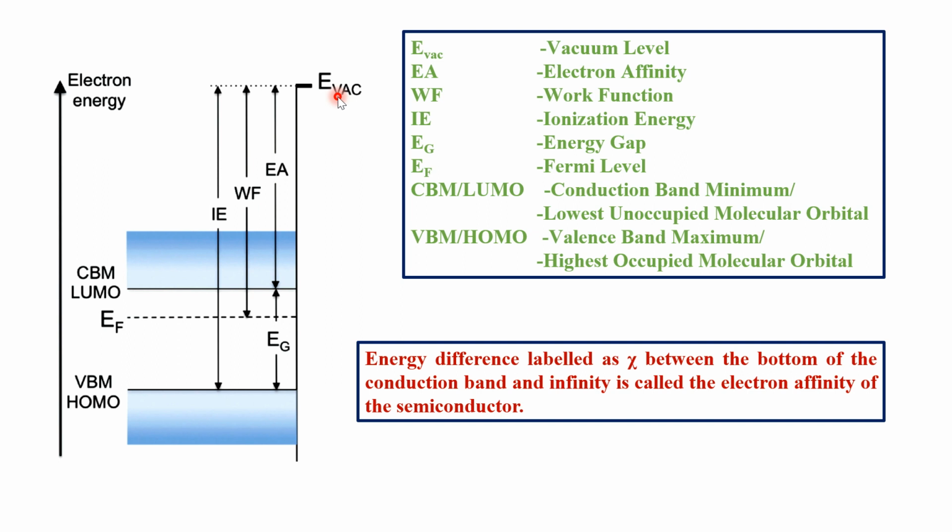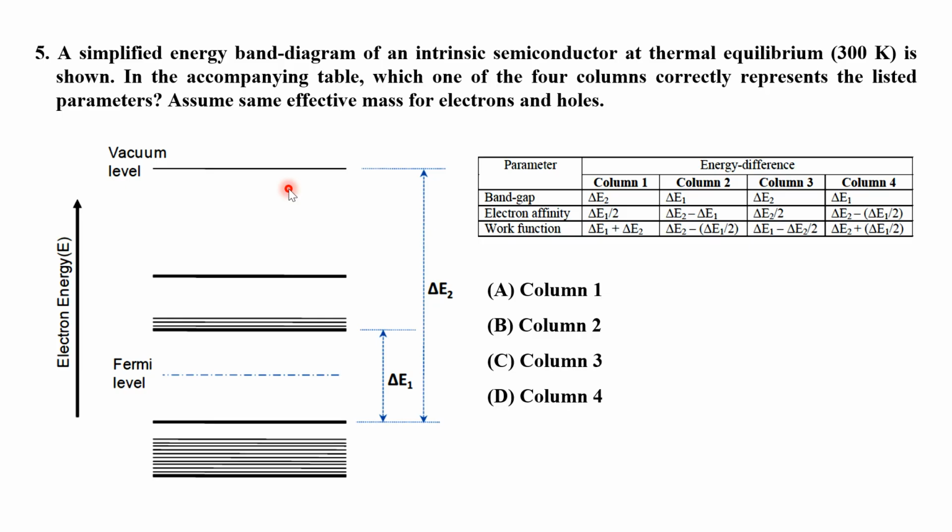Now that we have understood what is Eg, what is work function, and what is electron affinity, we can try to answer our question. So this is the valence band maximum. This is the conduction band minimum. So the difference between these two is delta E1. Therefore, delta E1 will be the band gap. So delta E1 becoming band gap, we have two options, right? Either it can be column 2 or it can be column 4.